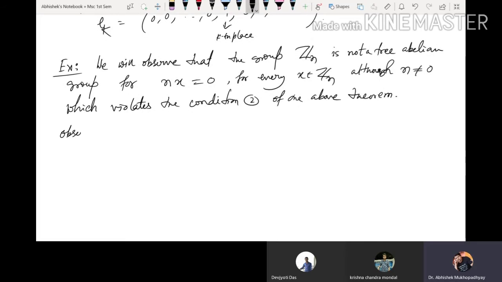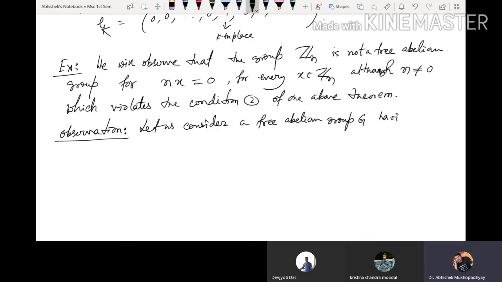Now let us consider a free abelian group G having a finite basis x1, x2, ..., xr.